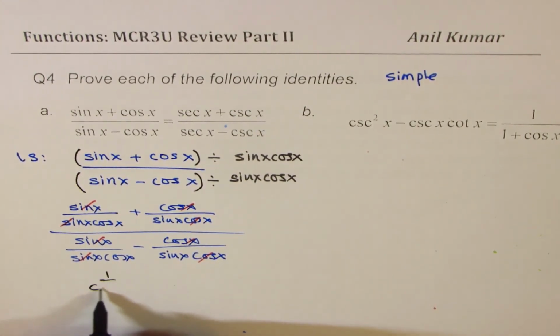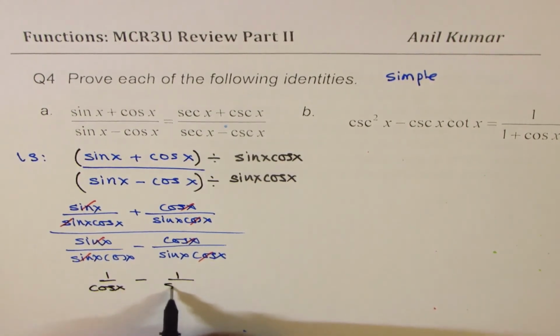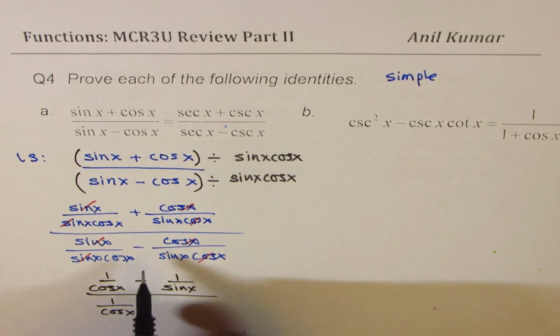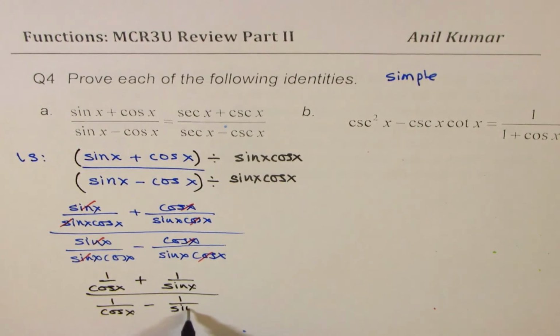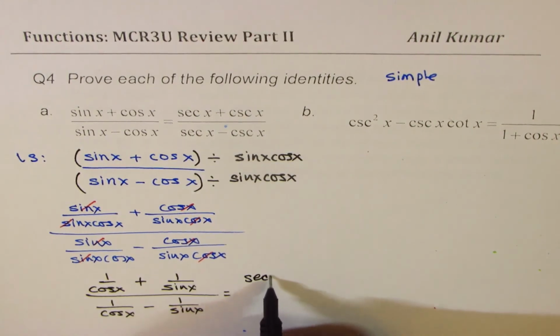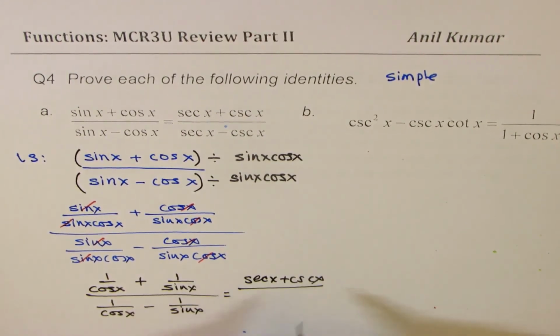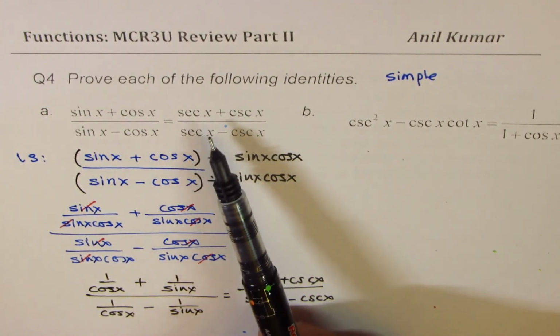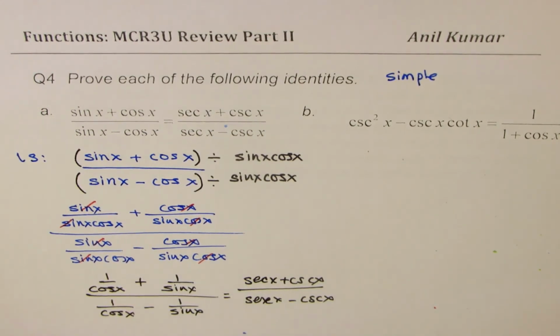So what you get here is 1 over cos x plus 1 over sin x over 1 over cos x minus 1 over sin x, which is indeed equal to what you wanted, right? Which is indeed equal to secant x plus cosecant x over secant x minus cosecant x. Is that clear? So a simple step, just dividing straight away, gives you the right answer. These steps I introduced so that it helps you to correlate. So I hope that's absolutely clear. It's very simple, correct?